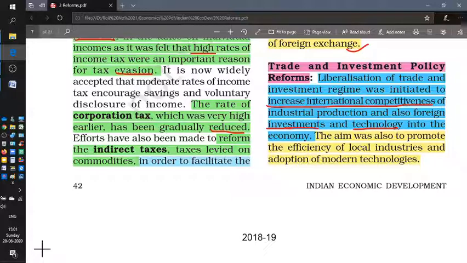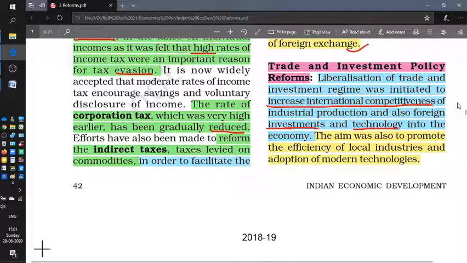So that's why we need to change all that in order to bring more strength to our industries. So the aim was also to promote efficiency of local industries and adoption of modern technologies. Local industries can bring in technologies, so they can become efficient in due course of time.